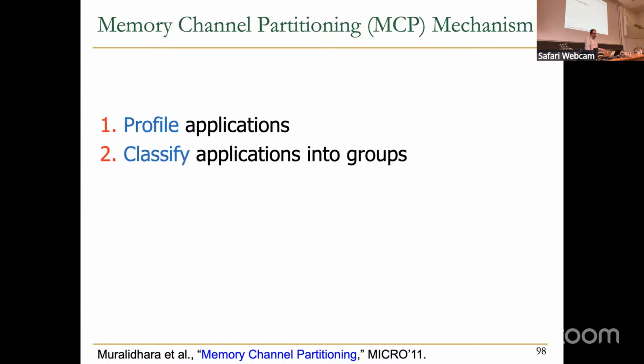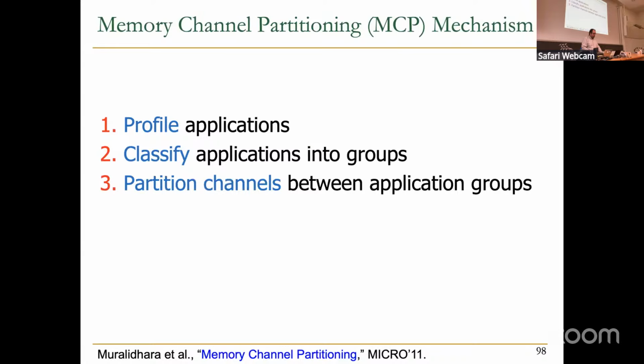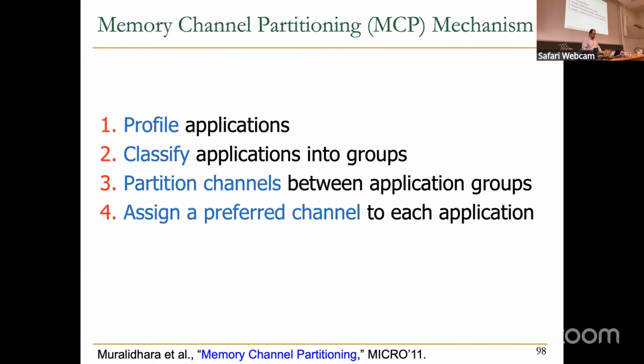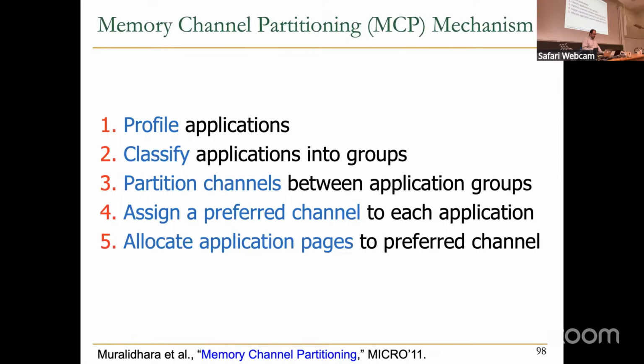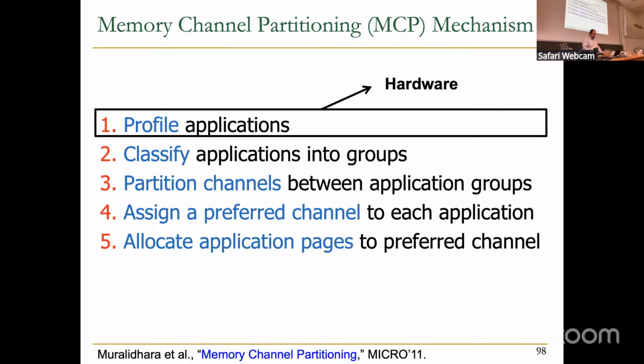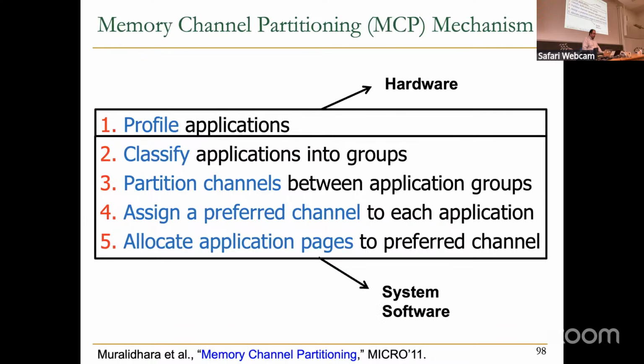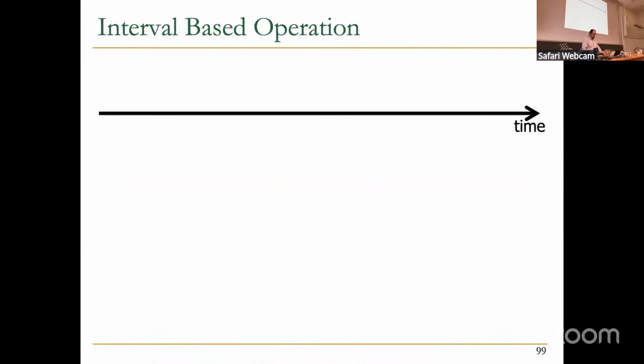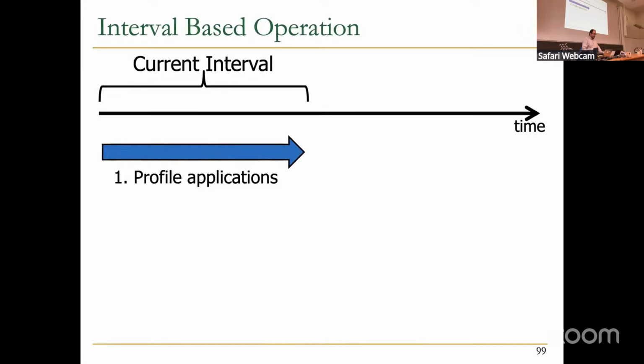So we profile applications, and then we classify applications into groups. Then we partition channels between application groups, we assign a preferred channel to each application, and then we allocate application pages to the preferred channel. The profiling happens at the hardware level, but the rest happens in system software: classifying, partitioning, assigning, and memory mapping. This technique is also interval-based.